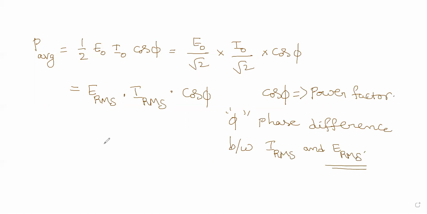And now what else do we have? The power factor cos phi is defined as P average divided by ERMS into IRMS.